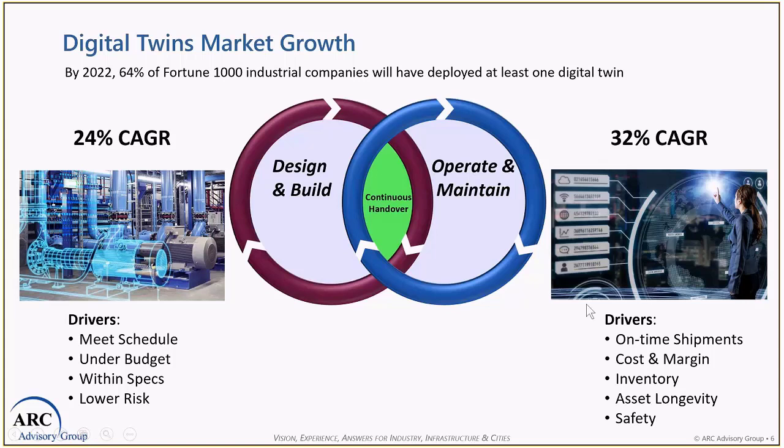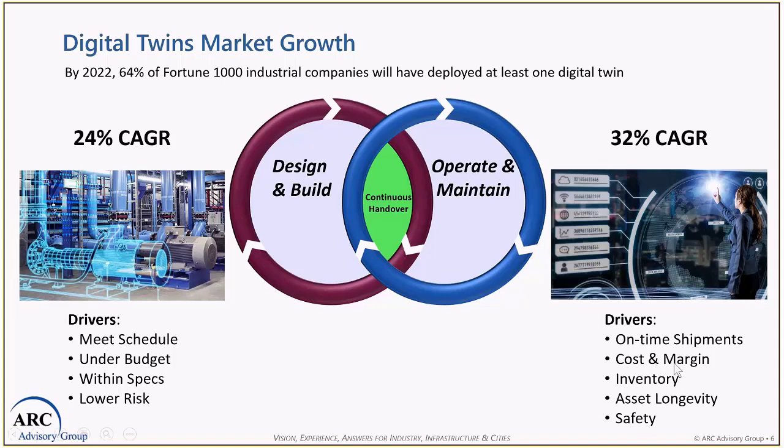Now on the operate and maintain side, we see drivers that are common with production and maintenance. So again, that unplanned downtime interrupts your ability to make product, which directly affects revenue and usually impacts whether or not you can ship the product on time. And as a result, you have customer satisfaction issues, which can also impact revenue.